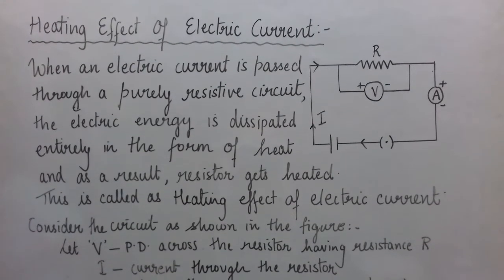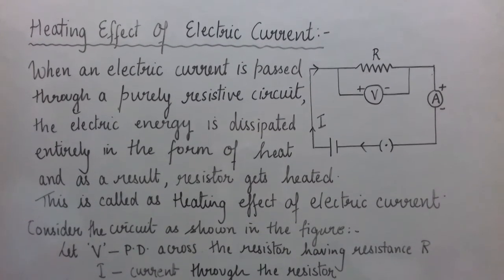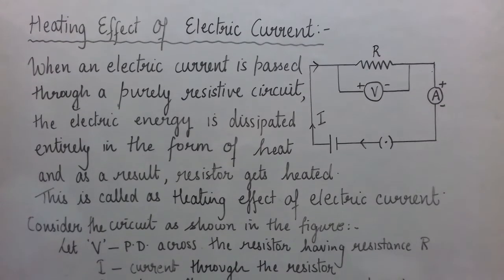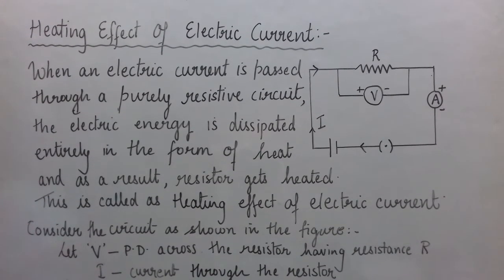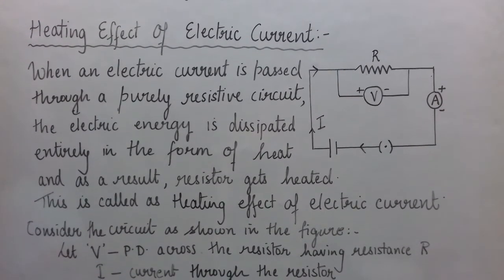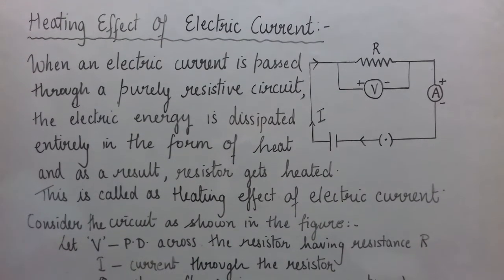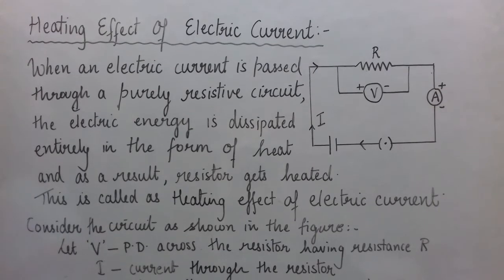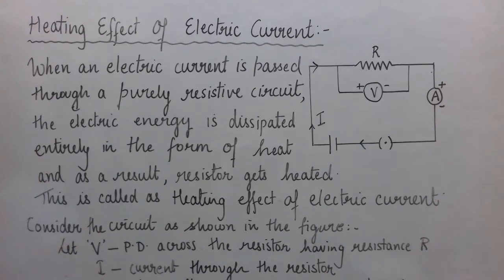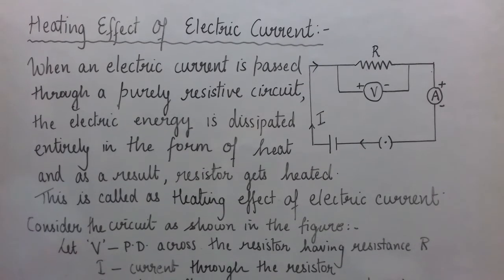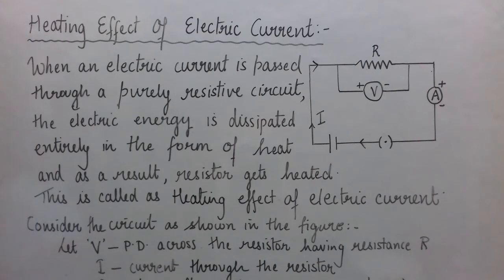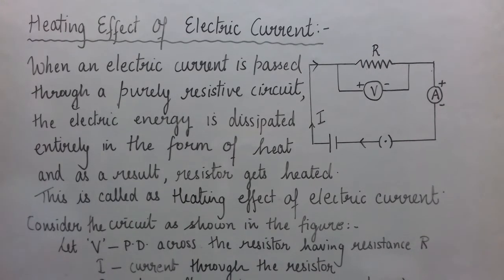Now, when our circuit is purely resistive, meaning in a circuit we have only resistors, maybe in series or parallel combination or a single resistor, then in that case, entire energy which is supplied gets converted into heat energy, because of which the resistors get heated up.